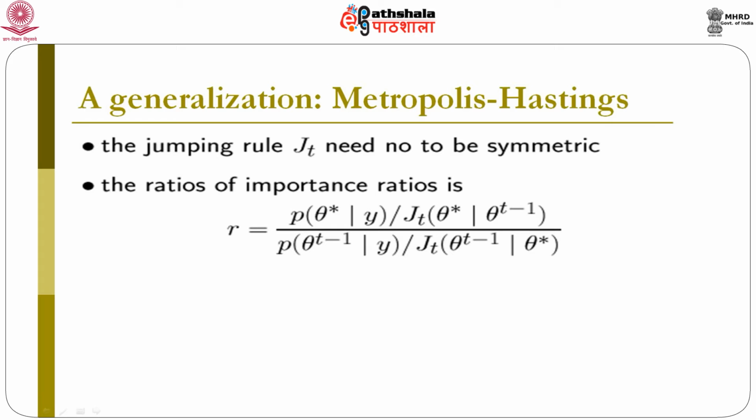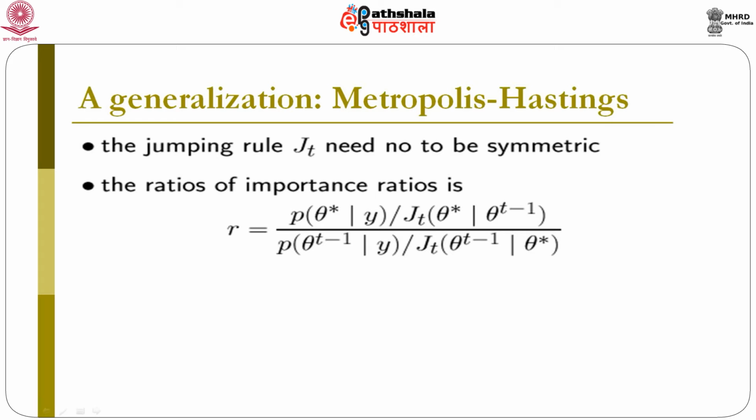Then comes the extension of the Metropolis algorithm. That extension was done by Hastings, where he waived the requirement of symmetry. Metropolis assumes the jumping distribution to be symmetric, and Hastings waived this, so it does not need to be symmetric.